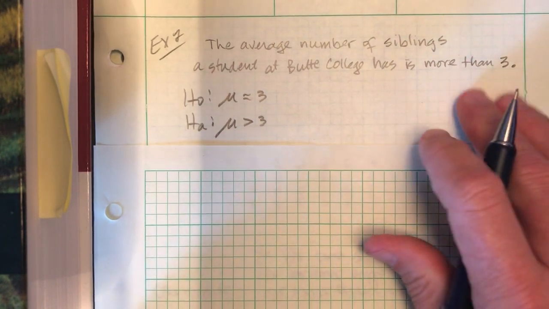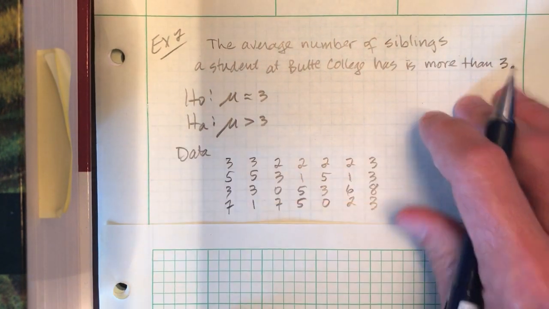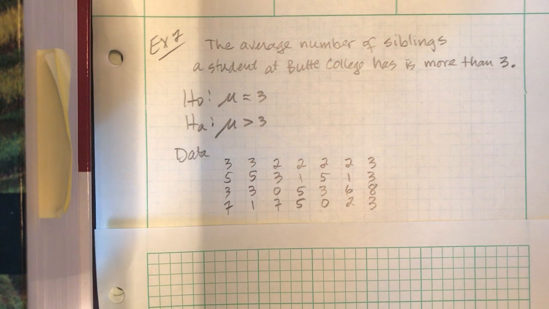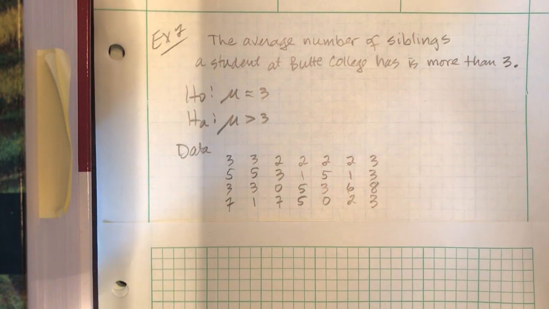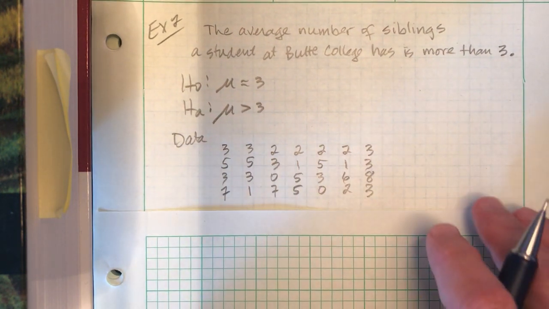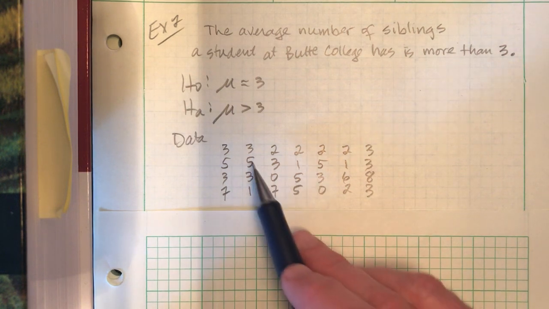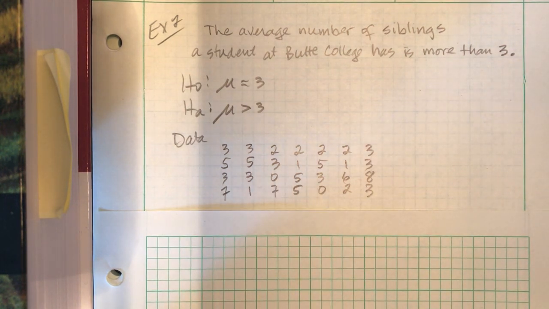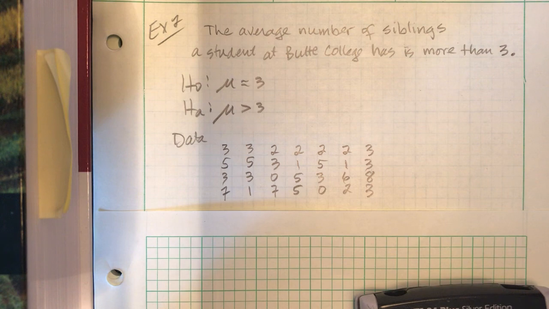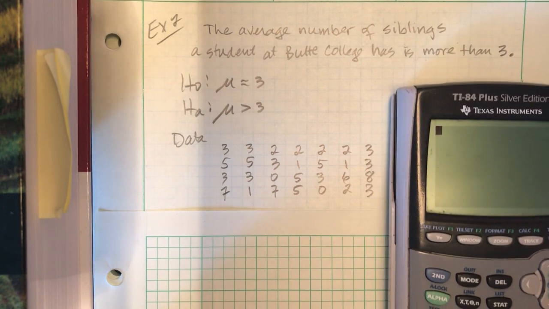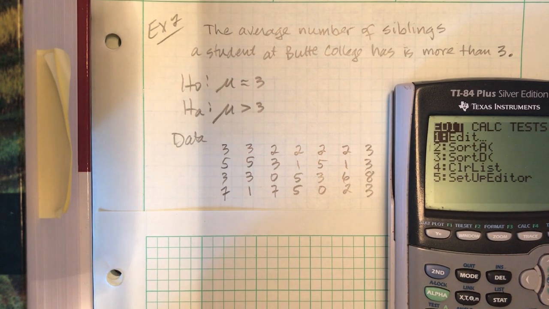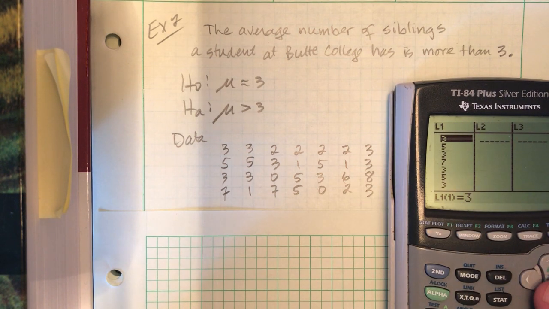One thing I want you to see this time is let's work with some real data. These numbers came from an actual statistics class I taught a couple of semesters ago, how many siblings each of those students had. And so, as you know to do, if I were to head to my calculator, stat, go to edit, head to list 1, you'll see that I've already entered those numbers into list 1. You should know how to do that.